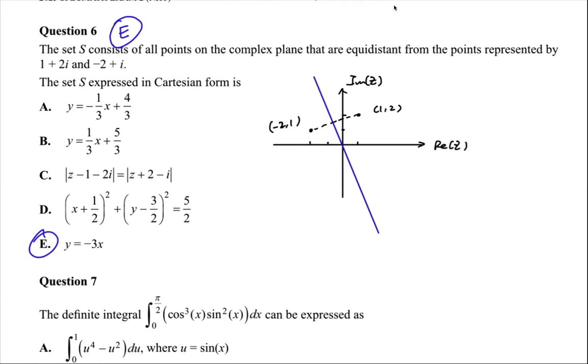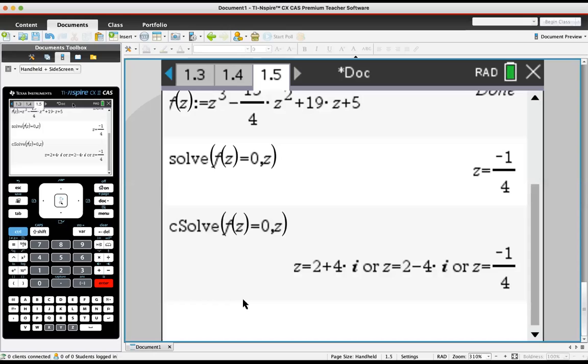You could also write this equation as the absolute value of z minus (1 plus 2i) equals the absolute value of z minus (-2 plus i), and then put in z equals x plus yi, and then find the Cartesian equation in terms of x and y only. So basically, that is solving this equation on your CAS calculator.